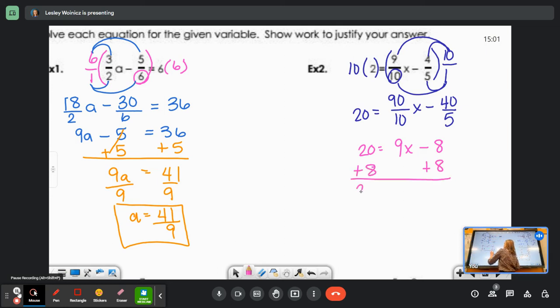So now I have 28 equals 9x. Divide by 9. Does this reduce? Okay, everybody test it. It stays the same.